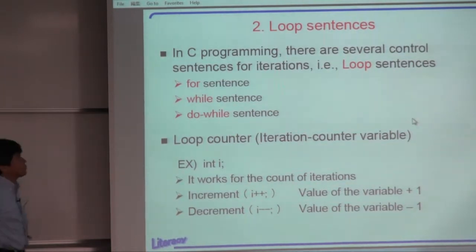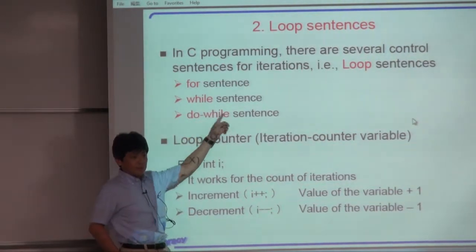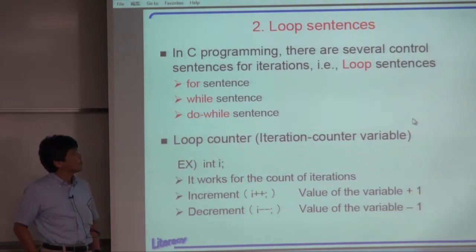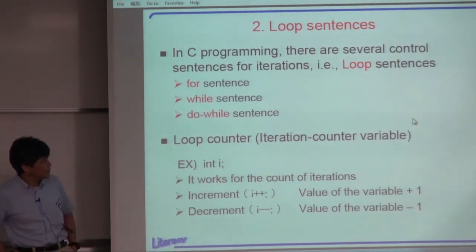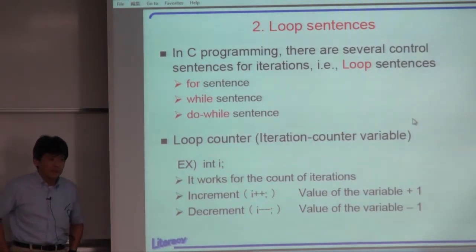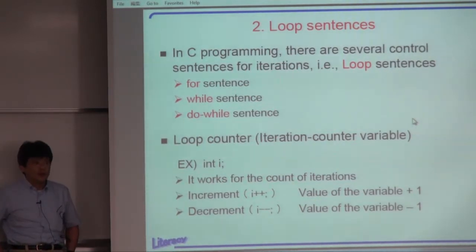So the C programming language provides three sentences as loop sentences: the for sentence, while sentence, and do while sentence. When using a loop sentence, usually you have to specify the loop counter.